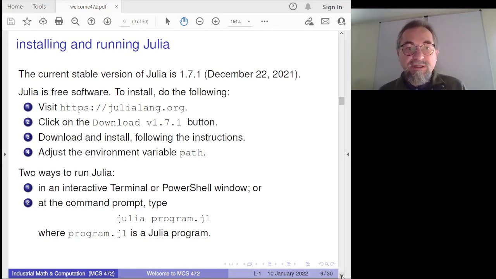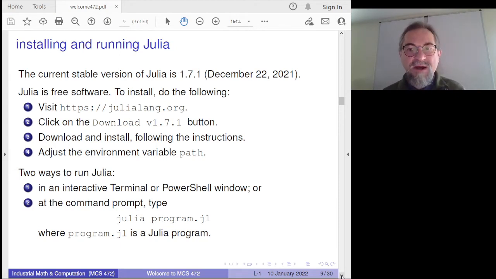Installing is pointing and clicking. I do not want to minimize this. I also have to, for myself, sit down and very carefully pay attention to what it is that I'm doing. So there are 4 steps here. The 4th step is the adjusting of the environment variable.